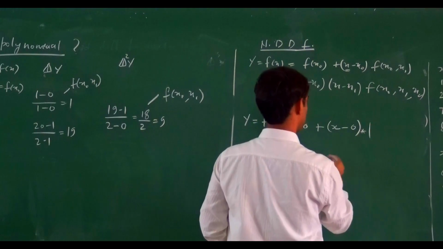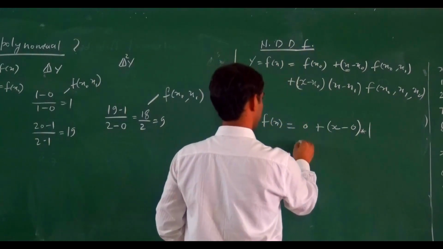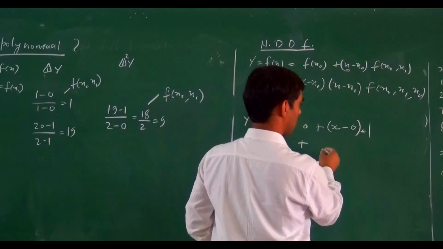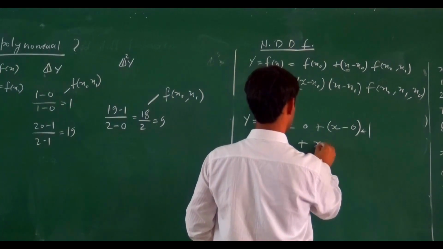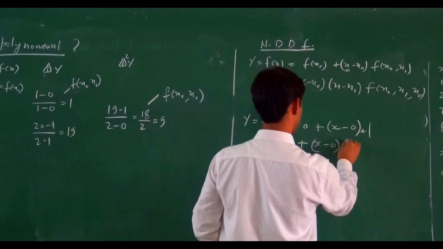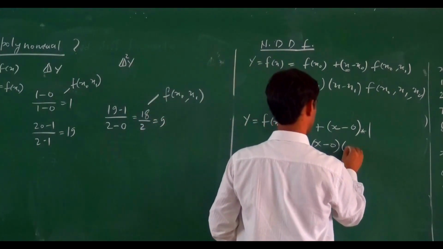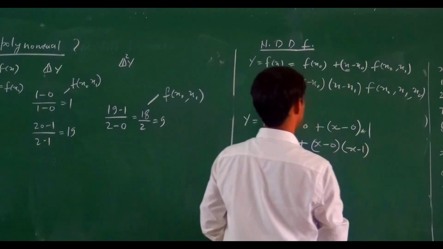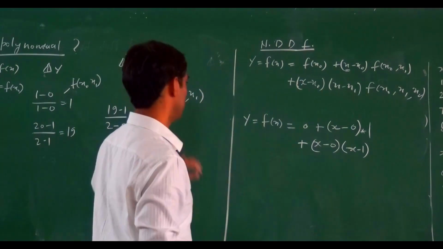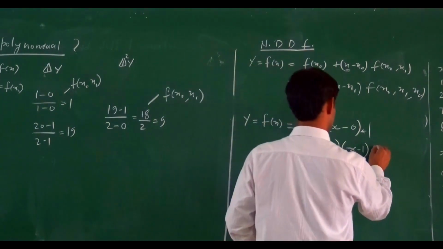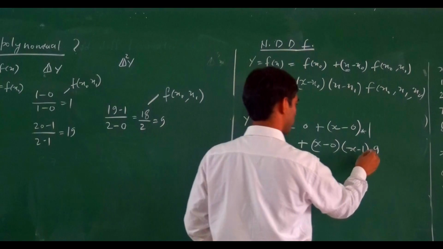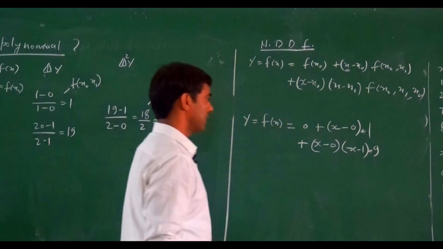So, into 1 plus, what is the value? x minus 0 and x minus 1, because x1 is 1. And the second order divided difference value is 9.